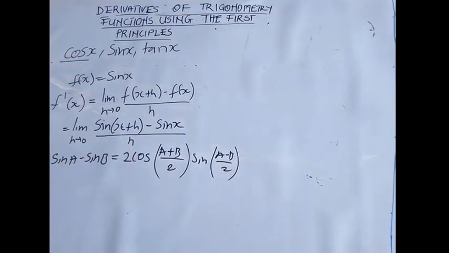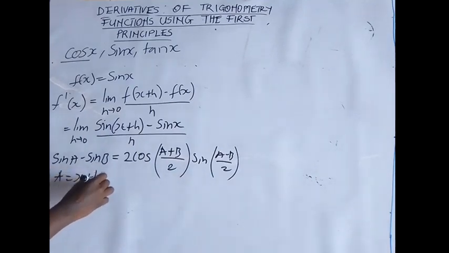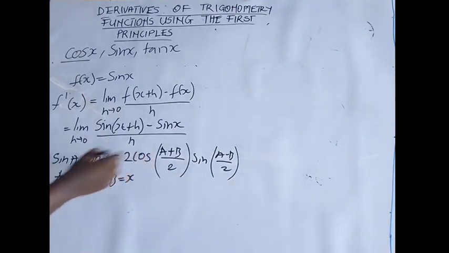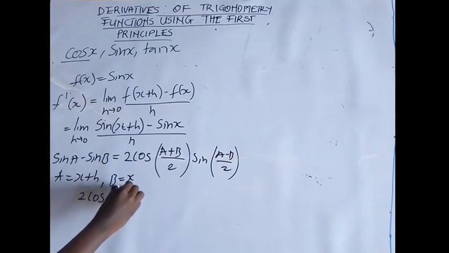So with this one, our A is equal to x plus h, B is equal to x. So let's fix it in. So we get 2 cos of x plus h plus x over 2.